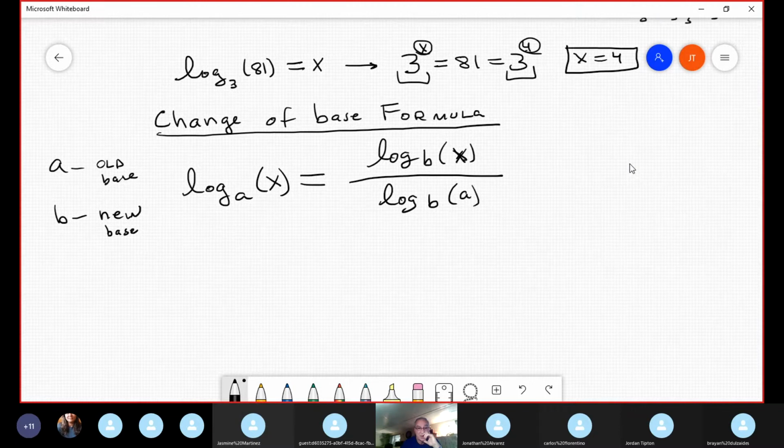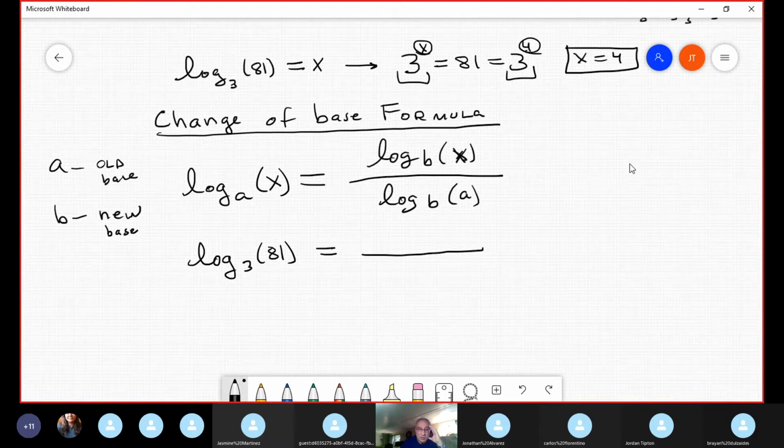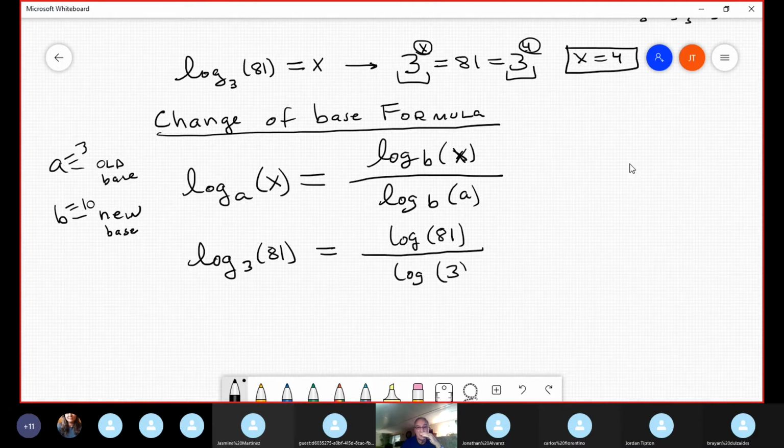So in our specific example, we have logarithm of base 3 of 81. But in our calculator, we have no logarithm of base 3. We have a standard. The standard is base 10 or base e. Okay, no problem. I want to change from base 3 to base 10. So I copy log of 81 divided by log of 3, with base 10 as the default.